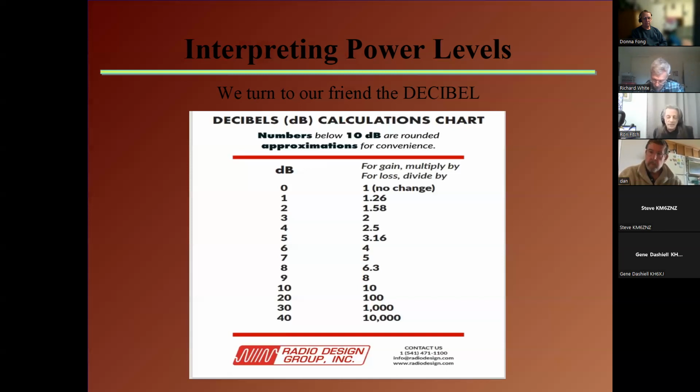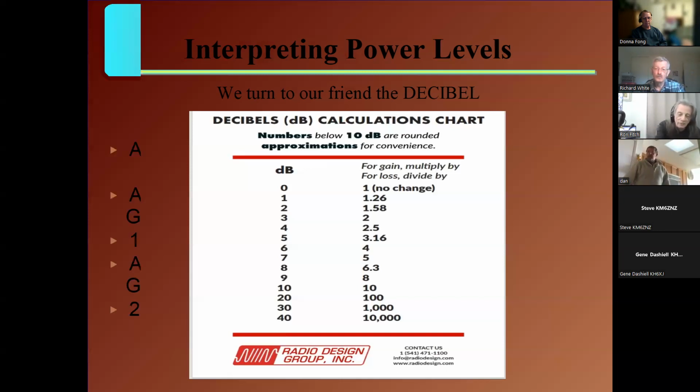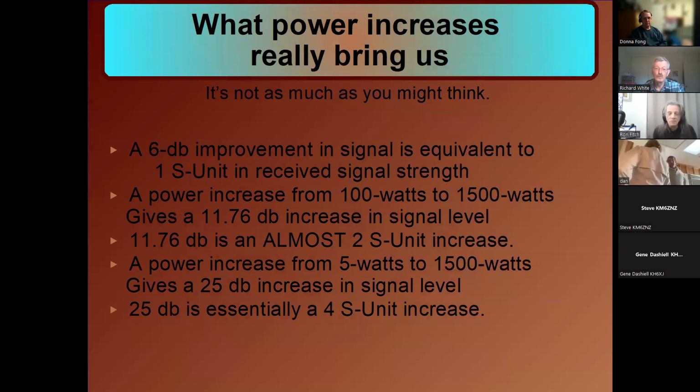What if you want to get a 2 decibel increase? You're going to have to up your power by over 10. We'll come back to this. So power increases, as I just said, a 6 dB improvement is equivalent to a single S unit.